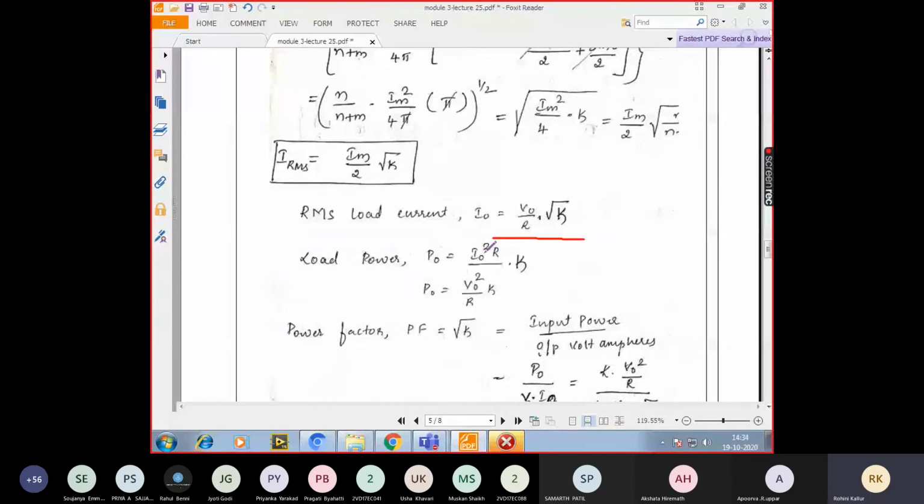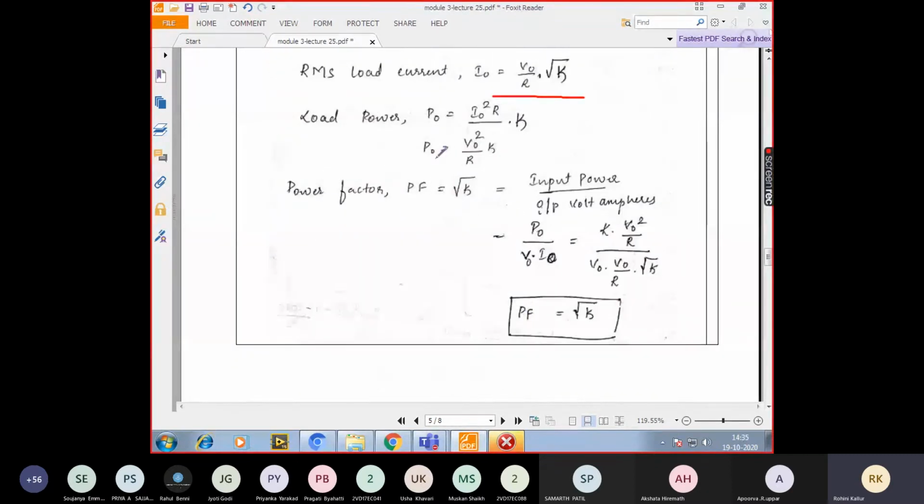When we do that, we will be left out with I0 square into R into K. This I0 square R K can also be written with I0 as V0 divided by R into root of K. So we will have V0 square by R square into this R. I am skipping one step here. R and R getting cancelled, we will be left out with one R and we have a K. So this is V0 square divided by R into K.